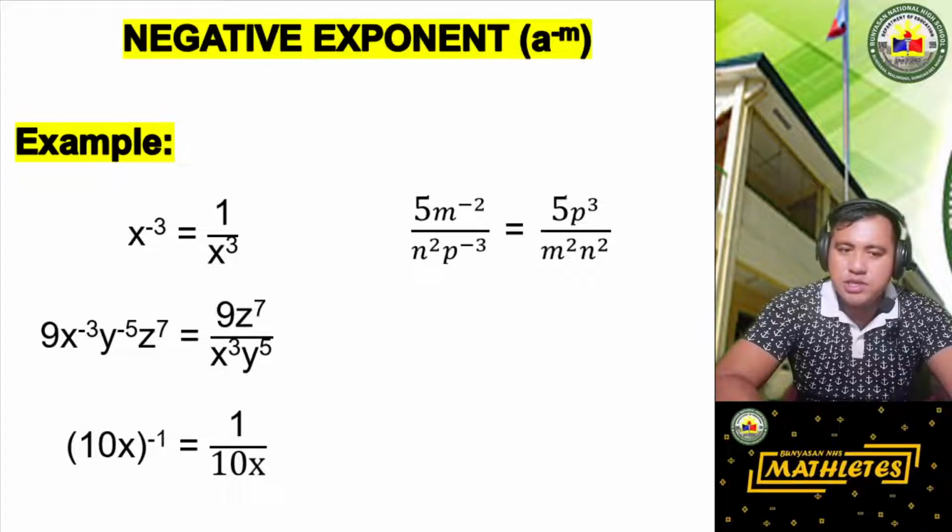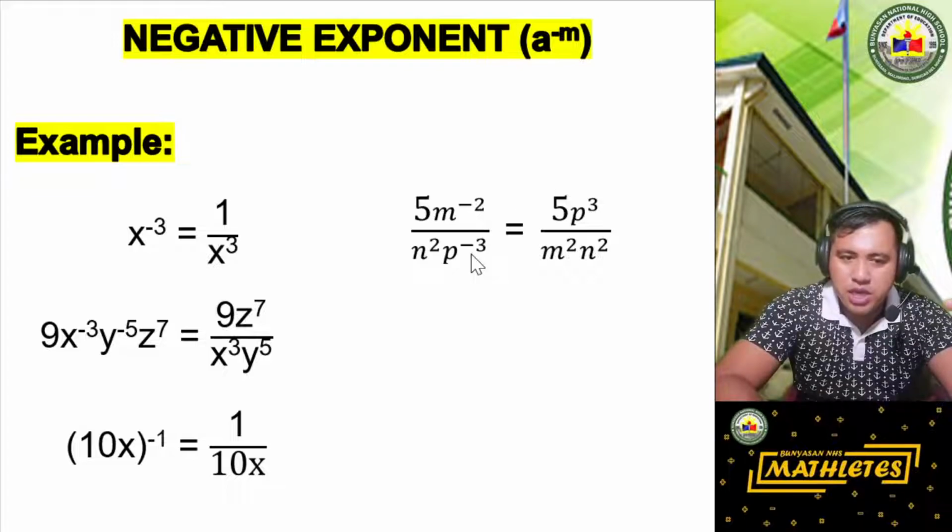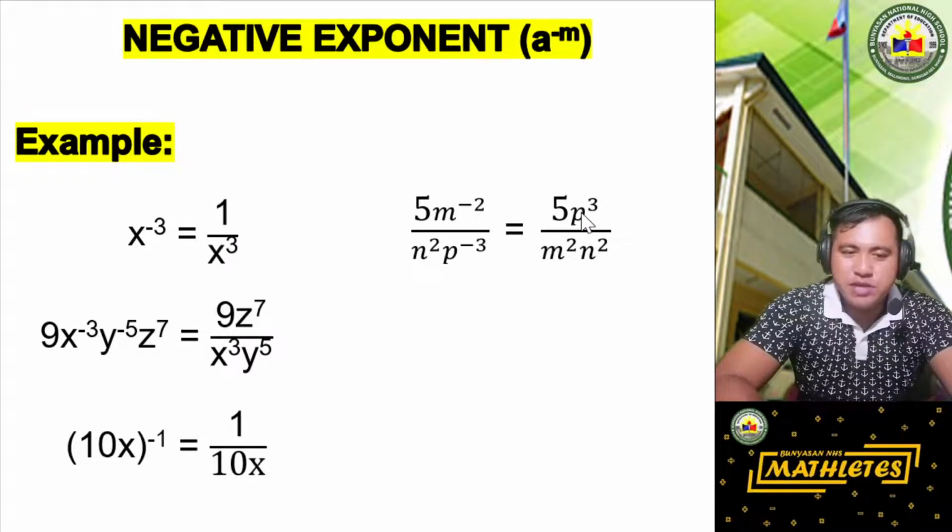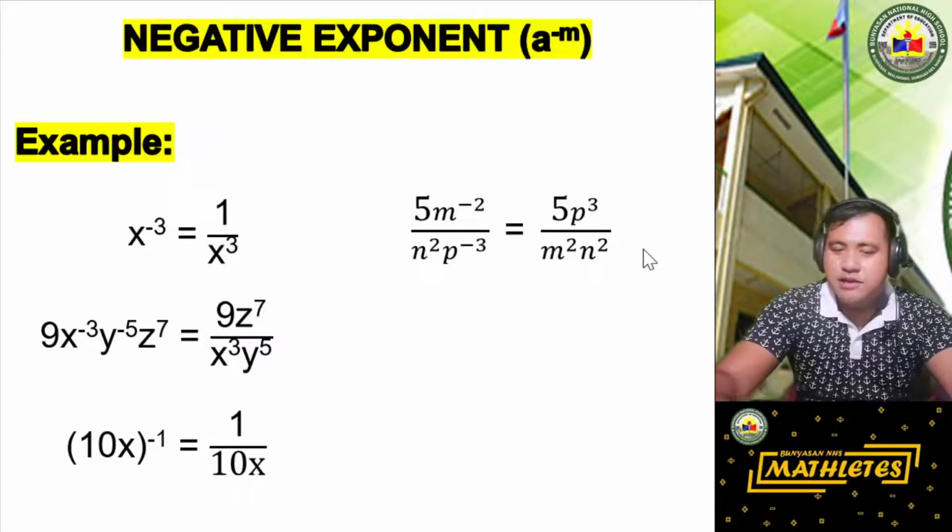So, m is in the numerator, so we have to bring it down to the denominator. Then, in the denominator, p has a negative exponent, so we have to bring it up. So, ilipat si p at saka si m. So, magiging 5p to the power of 3 over m squared n squared.